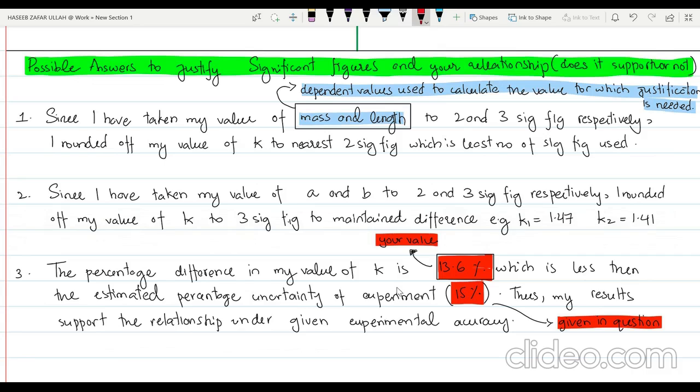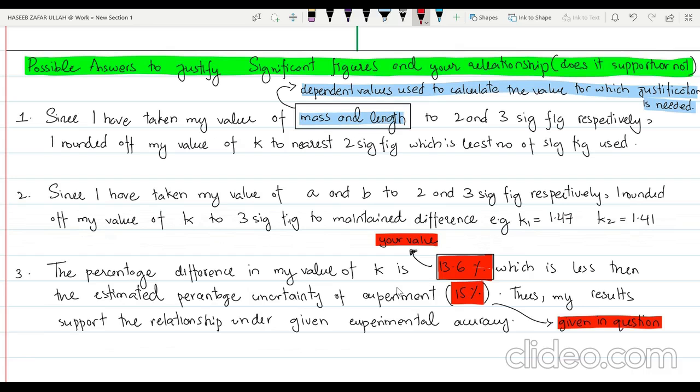Now this can be applicable if there is a very small range in your values, for example k1 and k2 are 1.47 and 1.41. If we just round off to the least number of significant figures, it will become 1.5 and 1.4. So maintaining the difference is important in values like this. So this could also be a possible answer.